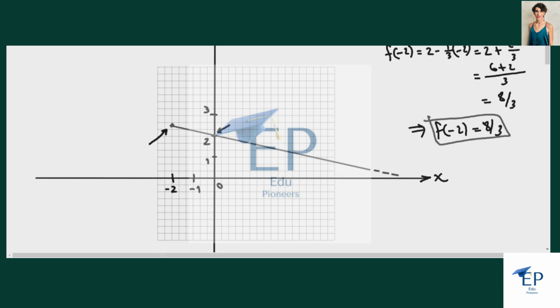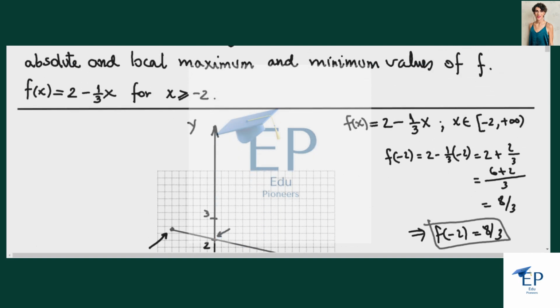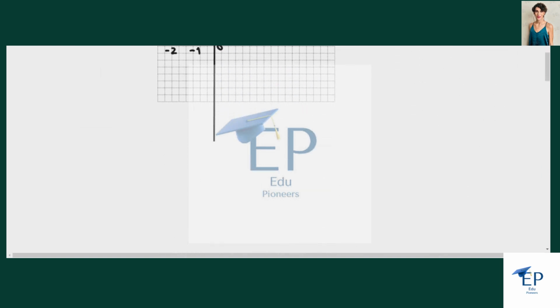With this behavior of the function's line, in fact, we can talk a little bit before giving the solution to the problem, that this graph can also be obtained by some transformation of the identity function. In fact, we have the identity function like this.